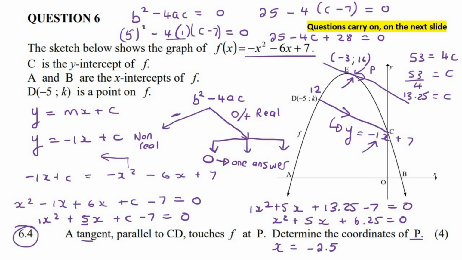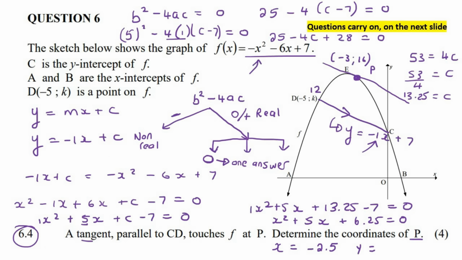Okay, then to find the y value, because remember, we've just found the x value of P, which is negative 2.5, which makes sense, because if that's negative 3, this is a little bit to the right. Then we can plug it into either the parabola equation or the tangent equation. Now, I'm going to plug it into the parabola equation.